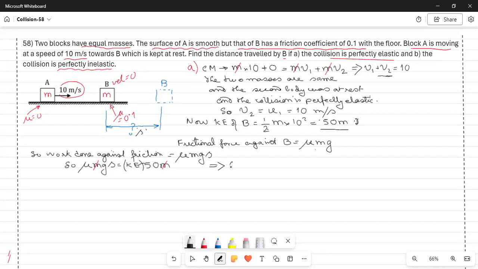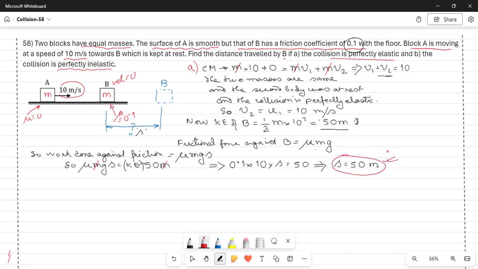Mu is given as 0.1, g is 10, and s we have to find is equal to 50. From here, 1 into 10 is equal to 1, so we get s is equal to 50 meter. So the body B will move by 50 meters.